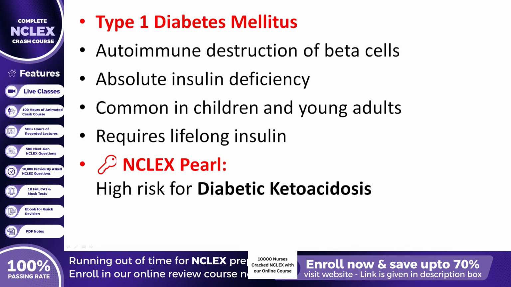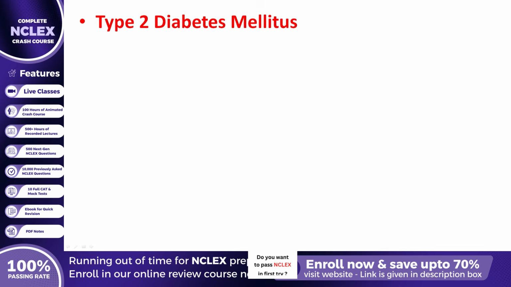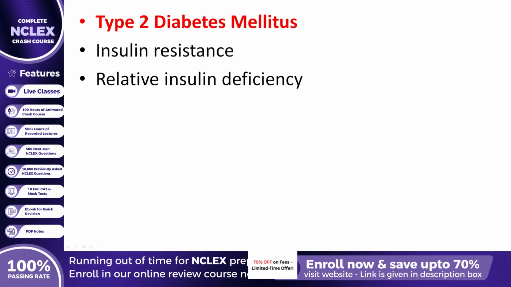Moving forward, let us now shift our focus to type 2 diabetes mellitus, which is far more common in clinical practice. Unlike type 1, type 2 diabetes mellitus is primarily characterized by insulin resistance combined with a relative insulin deficiency. This means insulin is present, but the cells do not respond to it effectively.